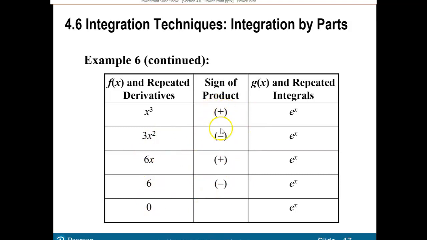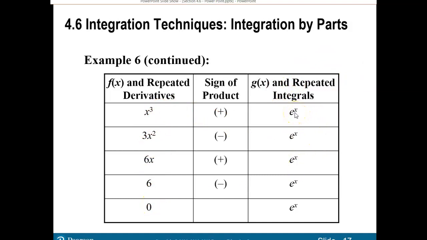You'll have a sign pattern that you'll have to use to connect them. It'll always start with a plus. So plus, minus, plus, minus. You attach a sign to every derivative except for the 0. You just alternate how many times it takes. Then your dv part, which would have been e to the x in this problem, gets integrated the same number of times as you had to differentiate to get a 0.